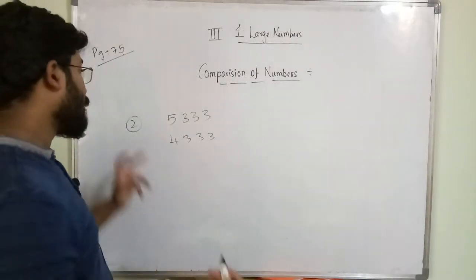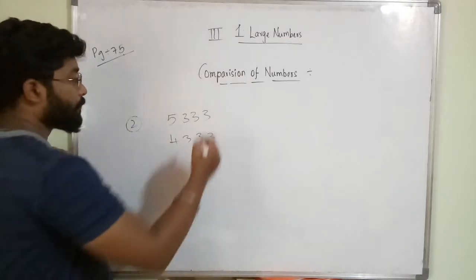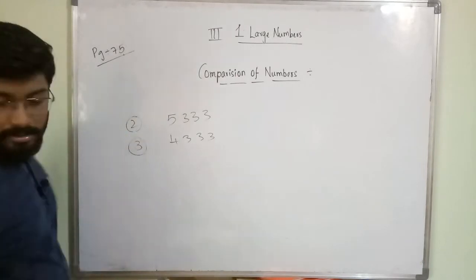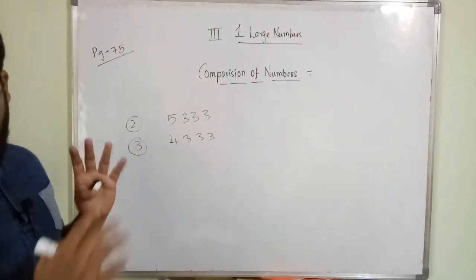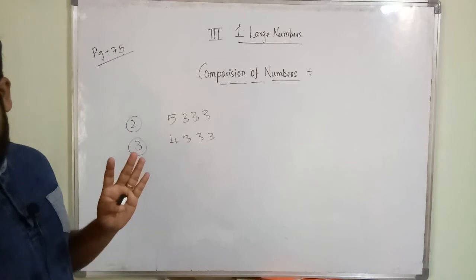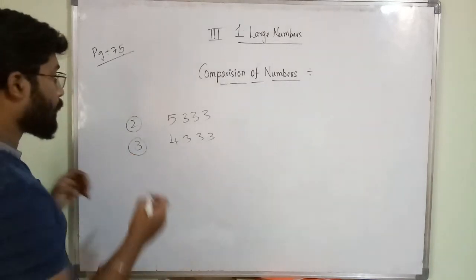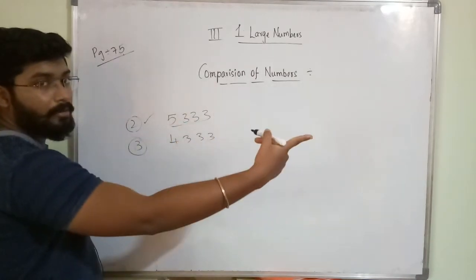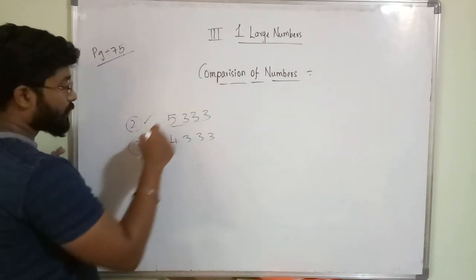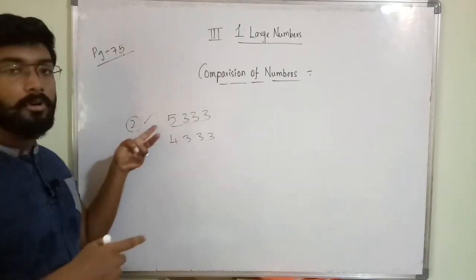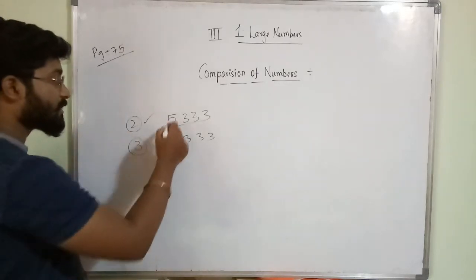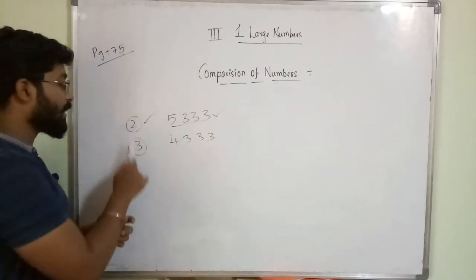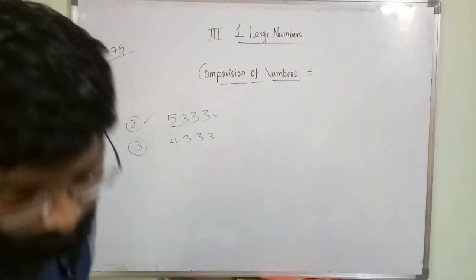And according to the third statement, comparing from the left of the numbers, the number with the greater digit in the same place is the greater number. 5 and 4 are in the same place, but 5 is greater than 4, so this number is greater. You can check in both ways. So we have completed 3 examples.